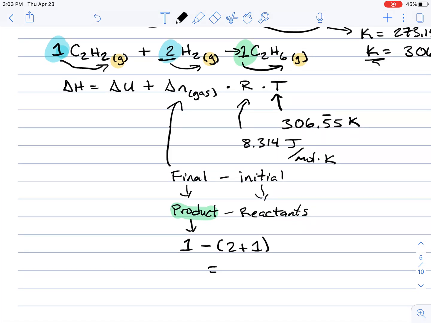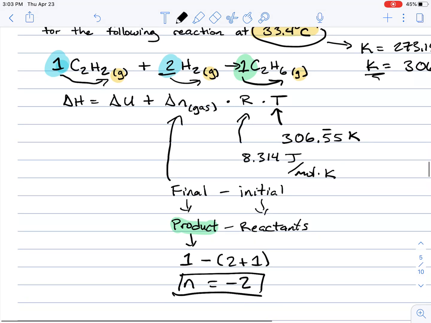And so overall, my value for delta n is equal to negative 1. Oh, wait, hold on. Negative 2. Sorry. And so here we have a delta n value of negative 2 that we're going to plug into that equation.